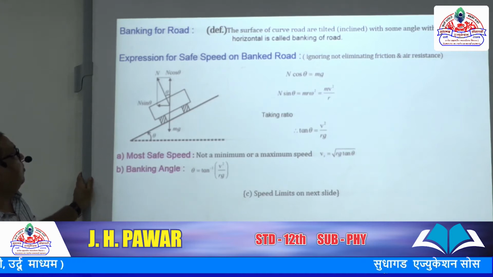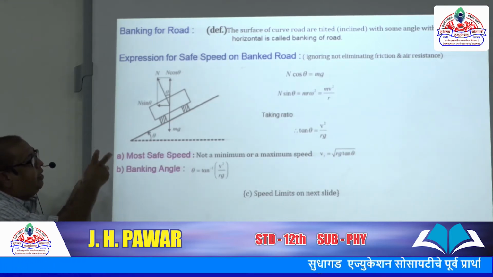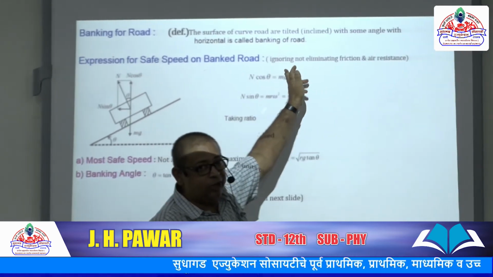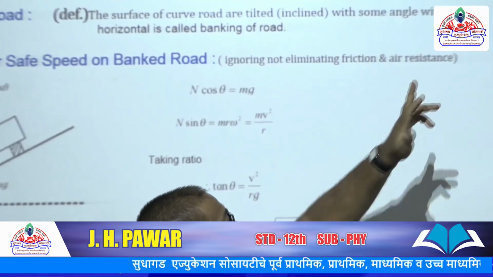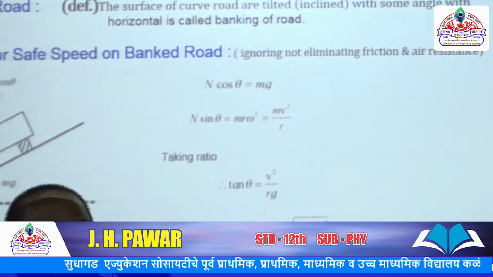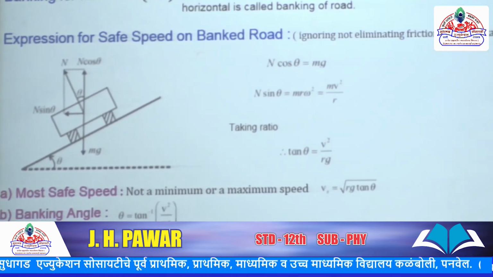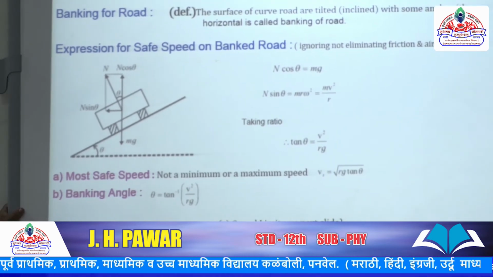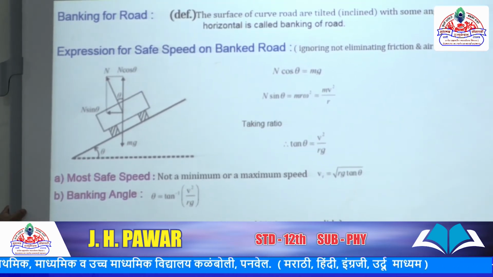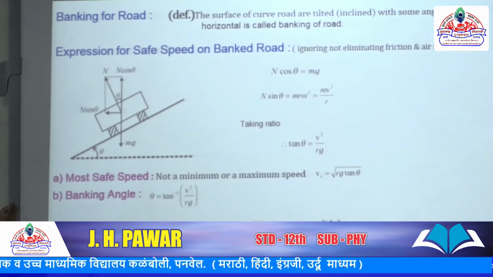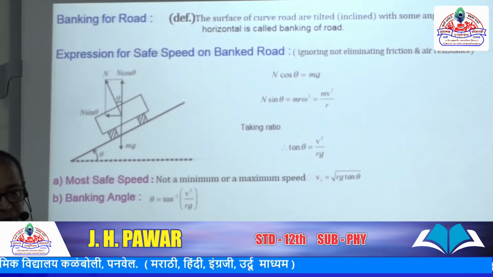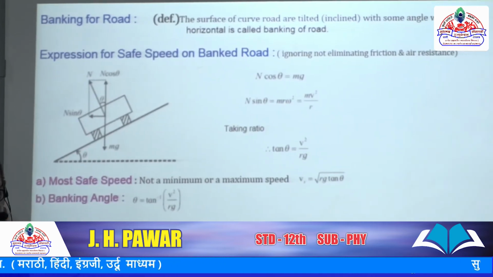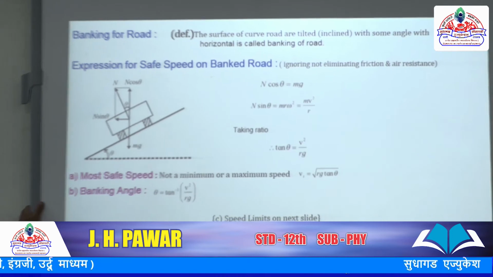Then we go through the expression for safe speed on a banked road. Here we ignore, not eliminate, the force of friction, as well as non-conservative forces like air resistance or fluid friction. Again we go through the same things. Consider a vehicle of mass m moving along a curved banked road of radius r.